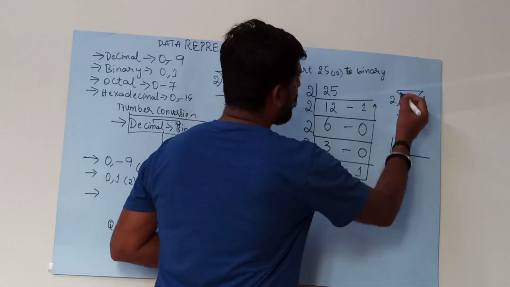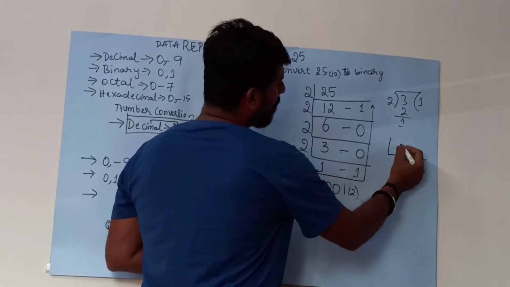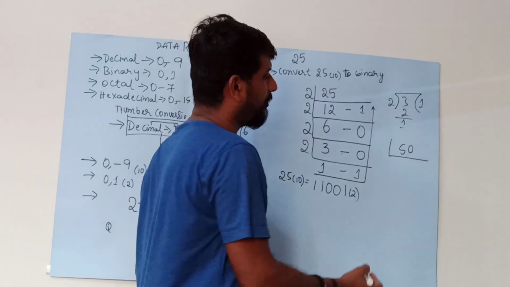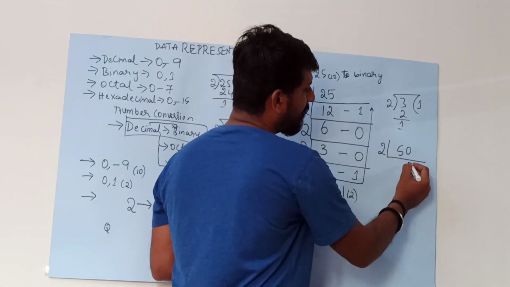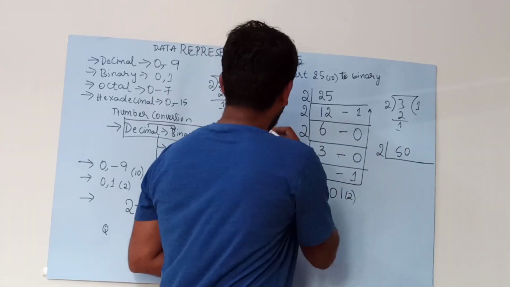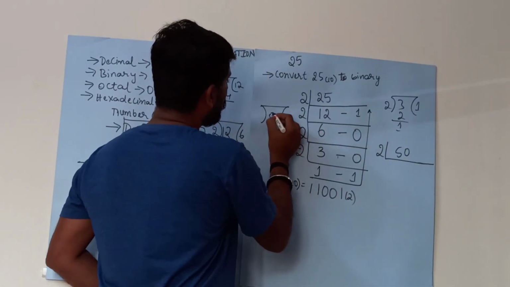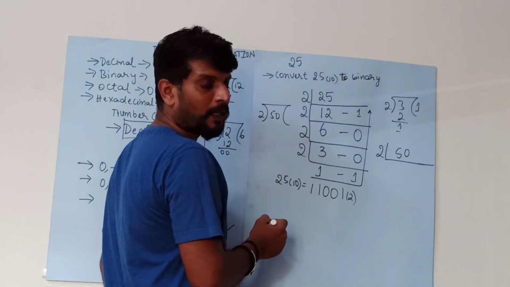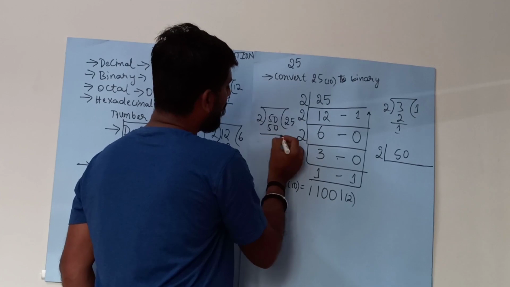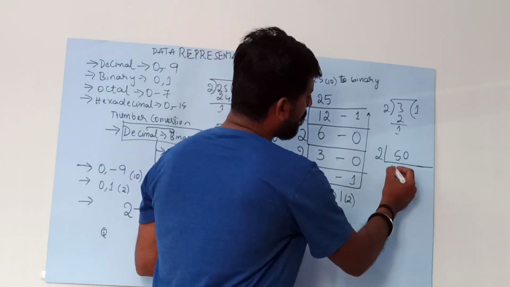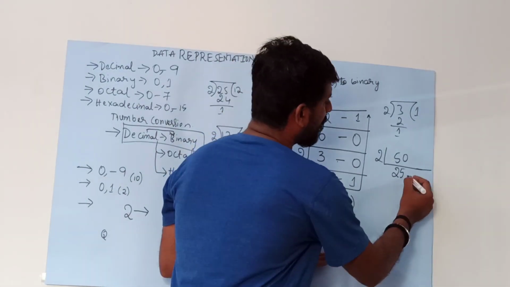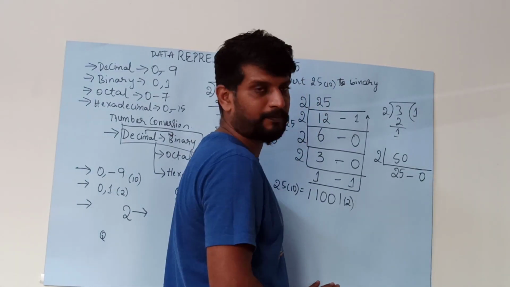I will take another value, that is, convert 50 to binary. I have to take 2 and divide 50 by 2. If you divide 50 by 2, the quotient will be equal to 25, and the remainder will be equal to 0.